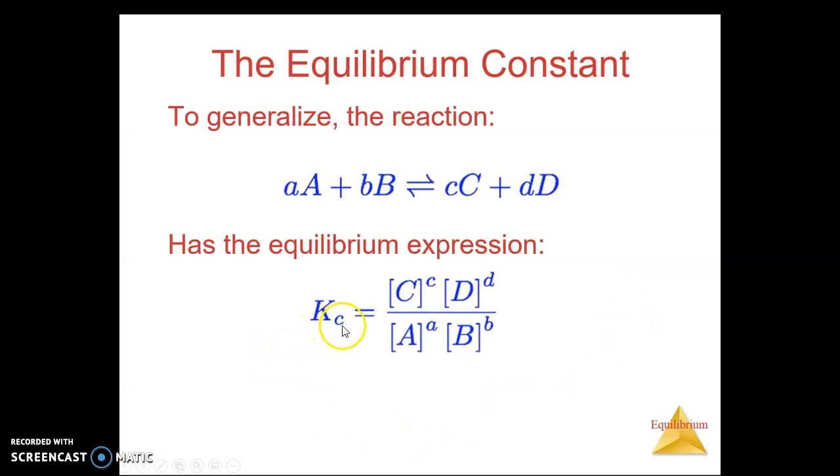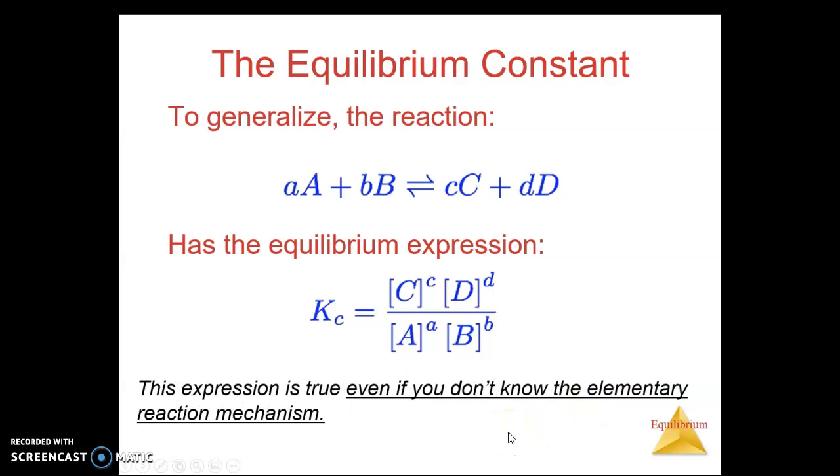The equilibrium constant with concentrations, that's the little c here, would be product C to the c power times product D to the d power divided by reactant A to the a power, coefficient a, and B to the b power, coefficient b. This expression is true even if you have no idea what the elementary reaction mechanism is, because we can measure the K concentration. We can measure that all by itself.